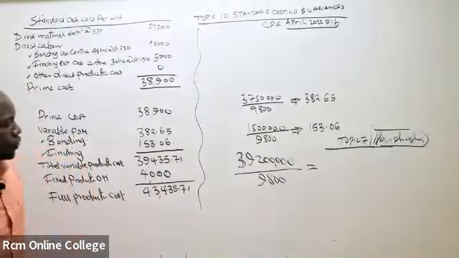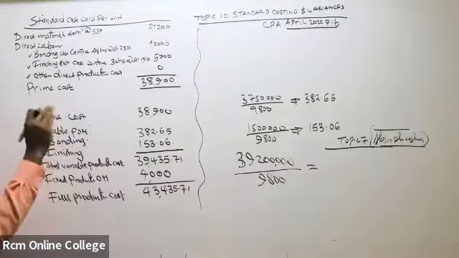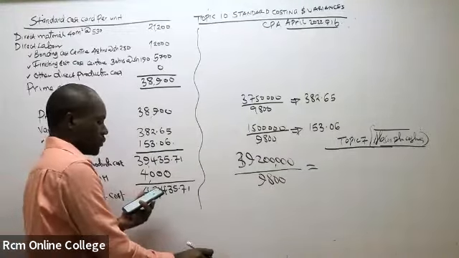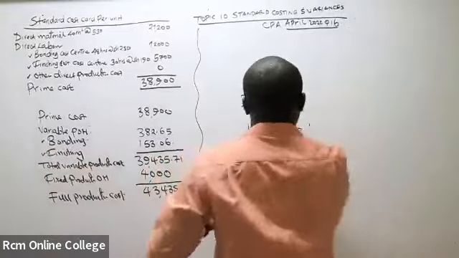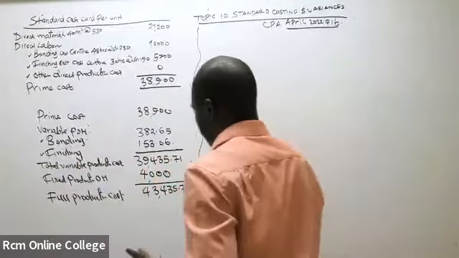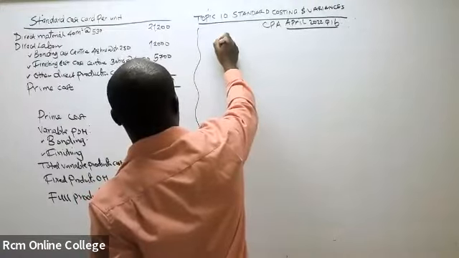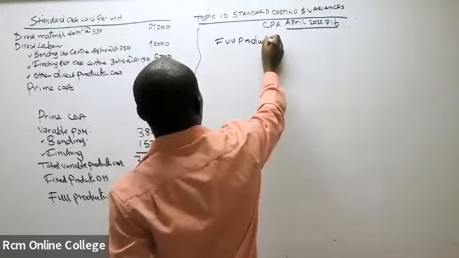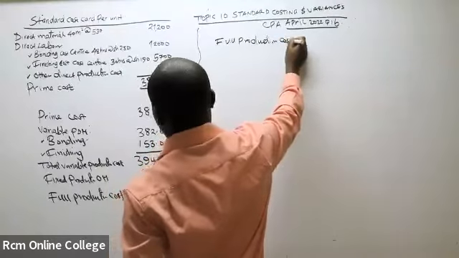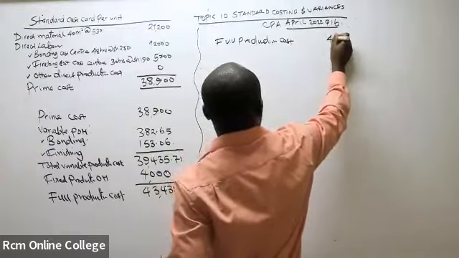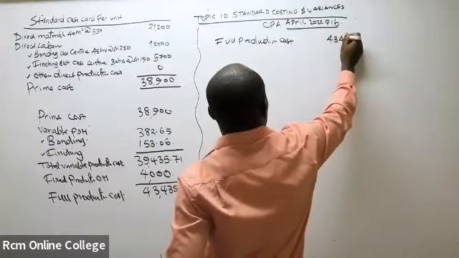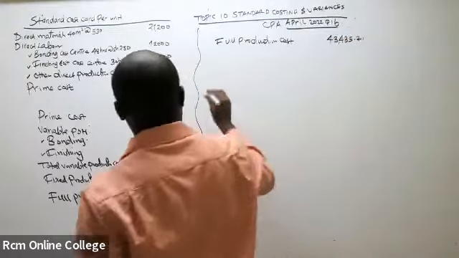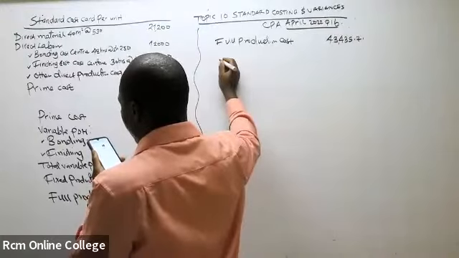Total cost. So to the total production cost, we need to bring in the non-production costs. So let me come to this point. Because of space, I'll just transfer my full production cost, which is 43,435.71, right? Then to that, we bring in now the non-production expenses.